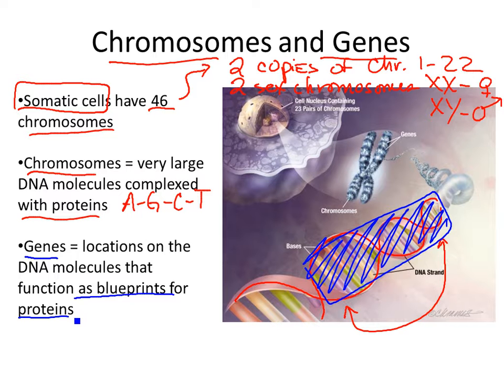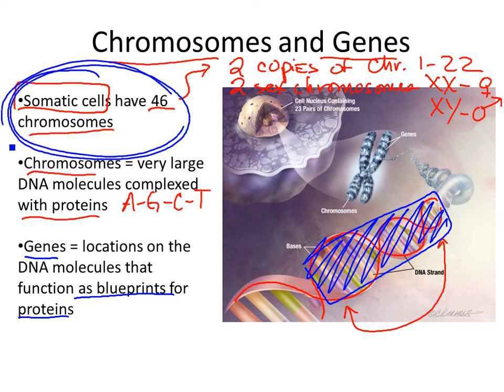So those blueprints are very critical, which means all of the cells of your body, other than those pesky red blood cells, have got to contain 46 chromosomes. They've got to have 2 copies of chromosome 1 through 22 and the 2 sex chromosomes.